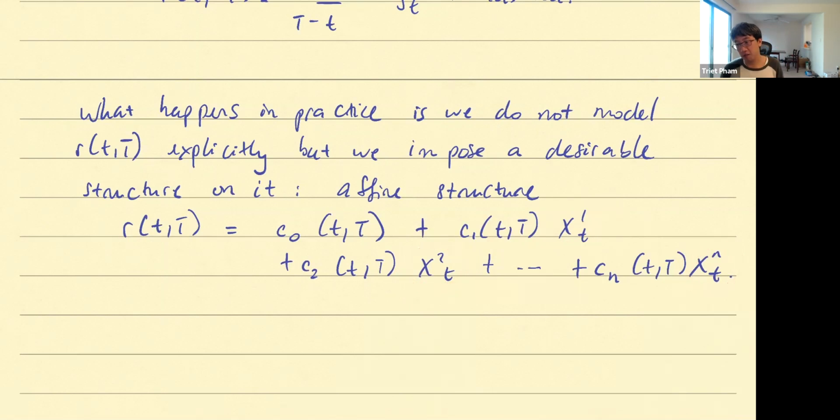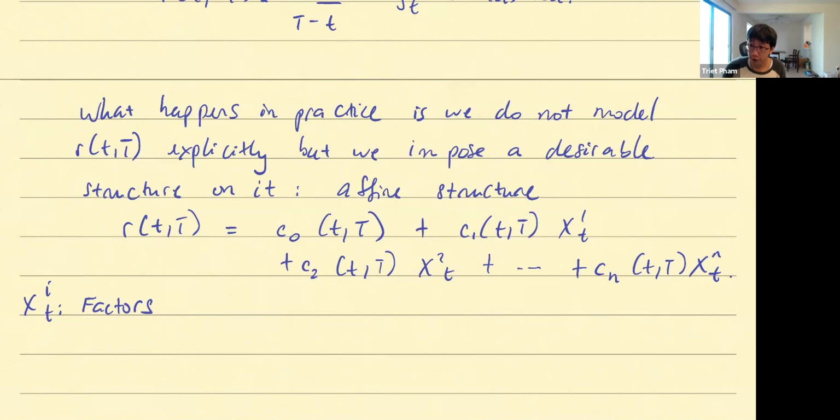A factor is basically a measurement of how those things move. So these are called factor models, and the xi_t are the factors. If you have n factors, you call it the n-factor model, where the more factors you have, the more flexible you can model your yield curve.